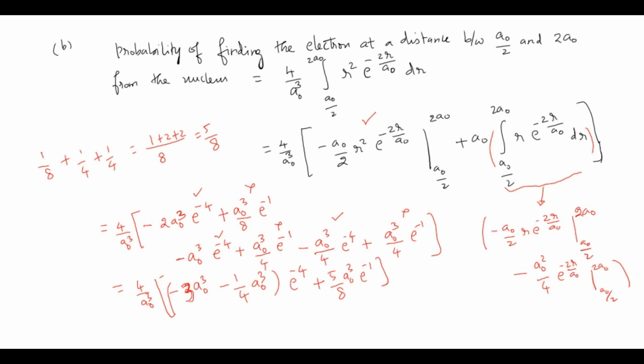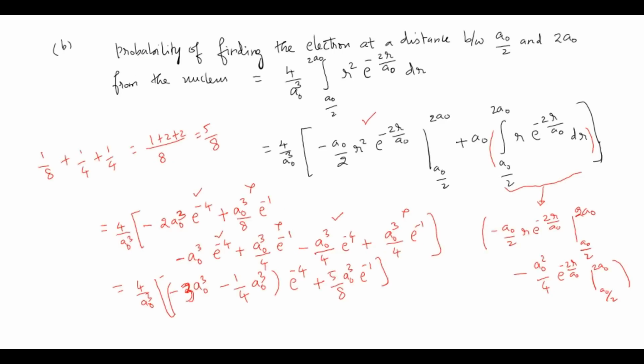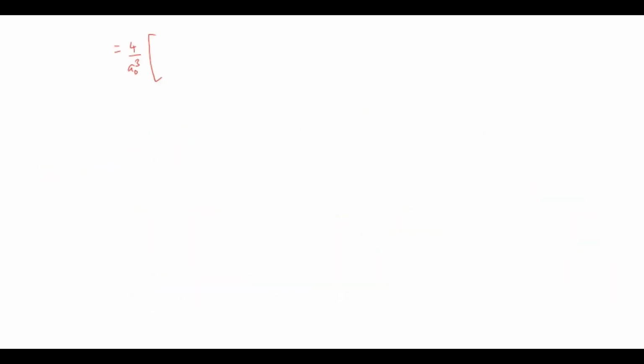So once again we can simplify this. This is 4 by a naught cube, and this is minus 13 by 4 a naught cube e power minus 4, and this is plus 5 by 8 a naught cube e power minus 1. We can multiply these factors inside, and we'll write down the first positive term, 5 by 2 e power minus 1 minus 13 e power minus 4.